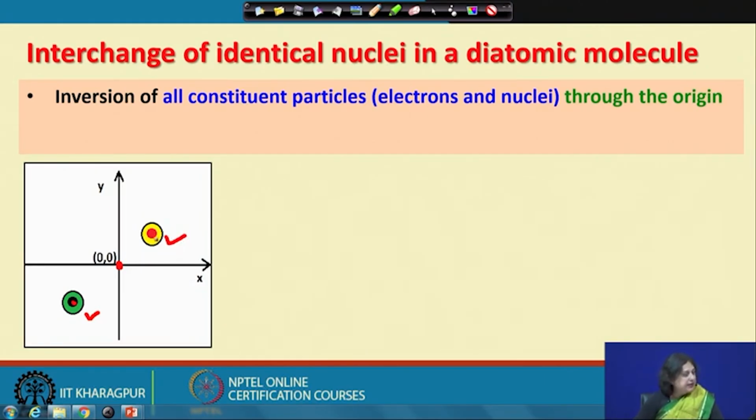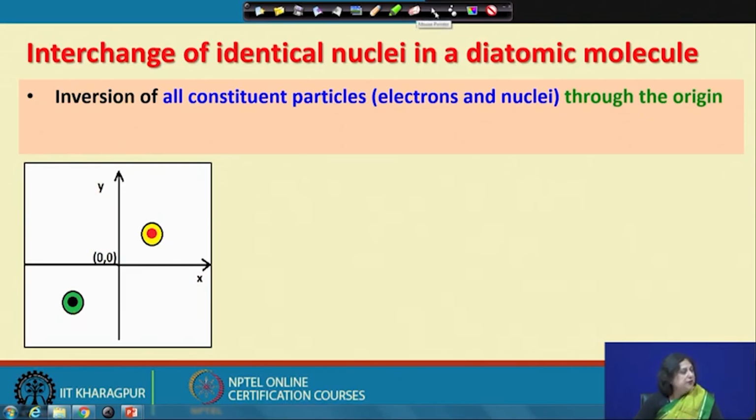Now, as you see, I have this particle 1 and this particle 2, and for the sake of our understanding, I have colored the nucleus of particle 1 as red and the electronic cloud as yellow. For particle 2, I have used black as the center and green as the electron density.